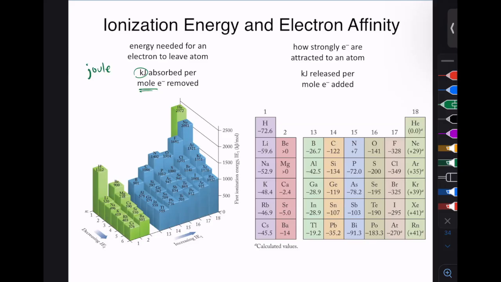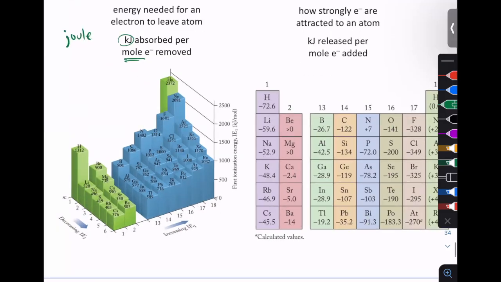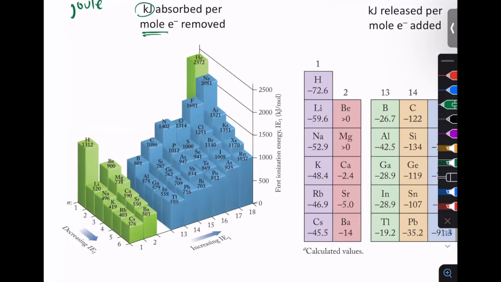And you can see the same trend that I showed you here with these rising bars. The higher the bar is, the higher the ionization energy is. So this is showing you that, again, it increases as you move across a period, and it decreases as you're going down a column.